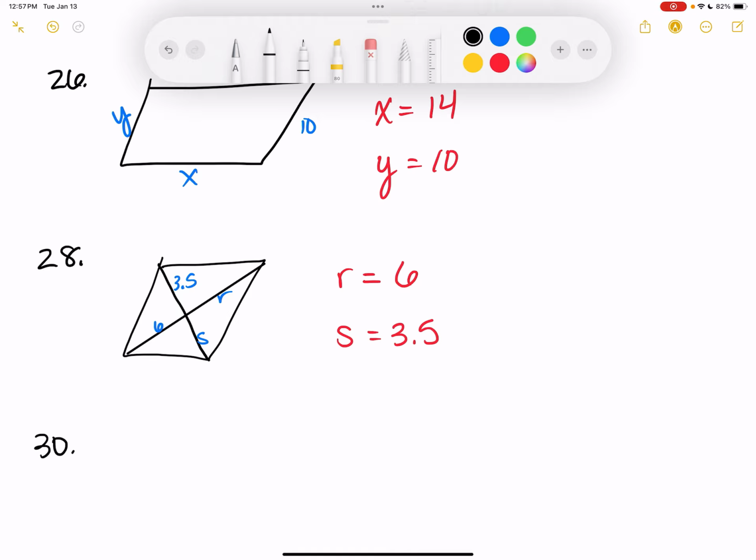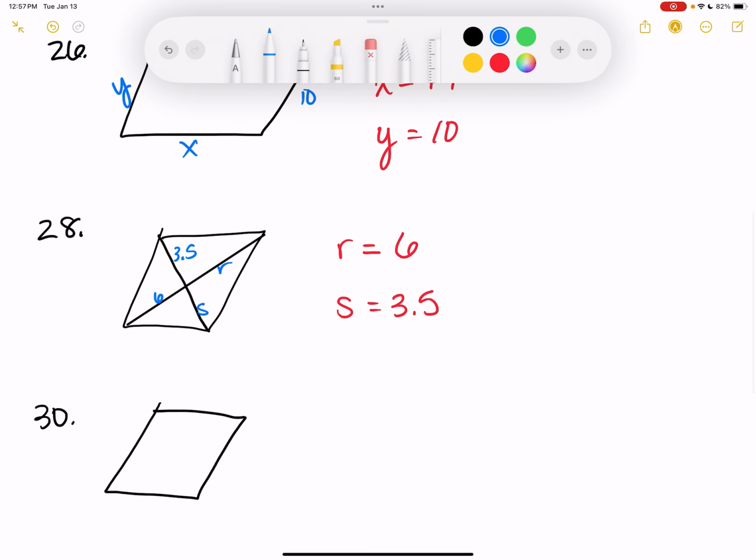30. Another parallelogram. This angle is 70 degrees, this one is 2m, and this one is n.